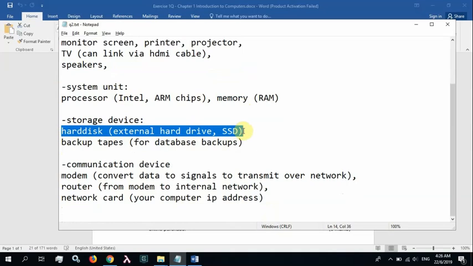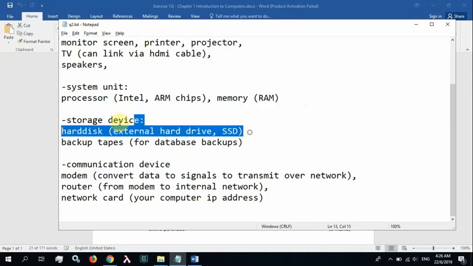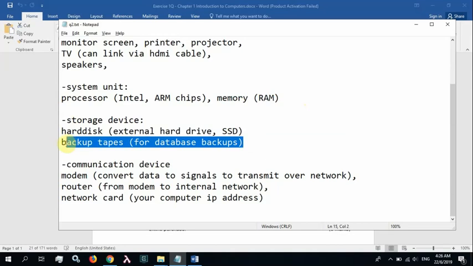After you have restarted your computer, everything inside your temporary memory is going to be flushed out. Think of this as a short-term memory and this as a long-term memory, where after restarts you can still retain your memory inside. And these are especially important for backups, okay, backup tapes especially.